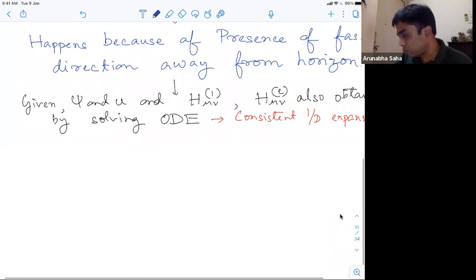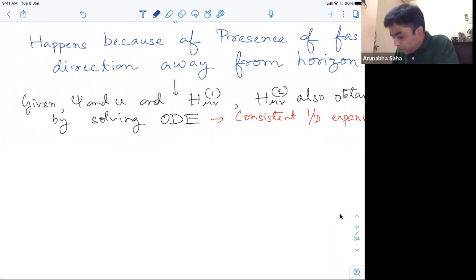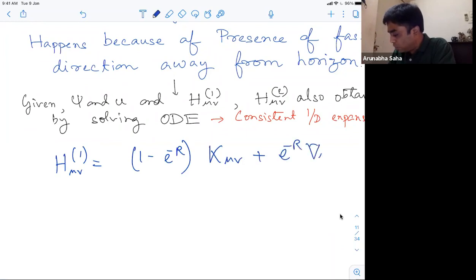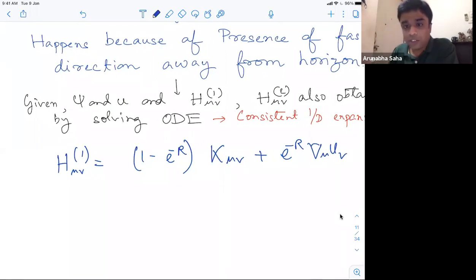Suppose this function h mu nu 1 actually looks like, suppose I am just cooking up this result, I'm not sure that this is something to... suppose this is proportional to k mu nu plus some e to the power minus r grad mu nu and so on. But this is the result of solving the ordinary differential equation.